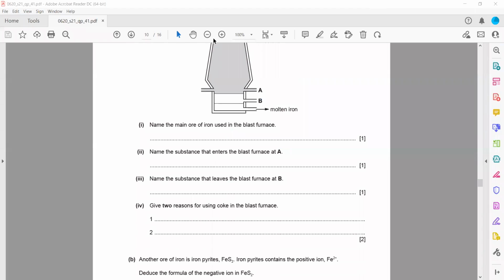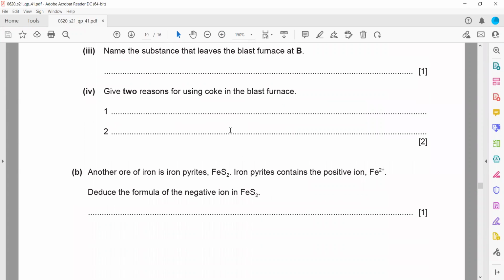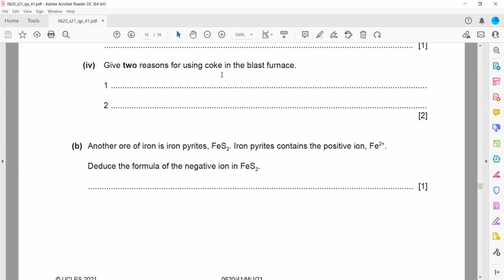Give 2 reasons for using coke in the blast furnace. So what is the purpose of using coke? This same question can be asked in the extraction of zinc as well. First, it is used to produce heat energy or increase the temperature of the furnace, as a source of heat energy. And second, it can be used as a reducing agent, or it can produce carbon monoxide, which is a reducing agent.